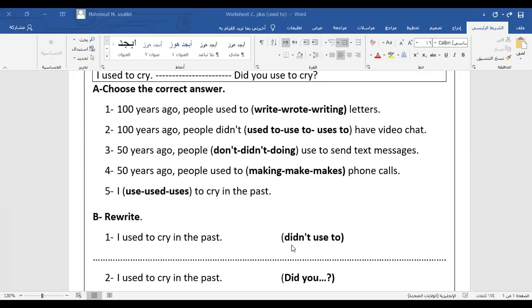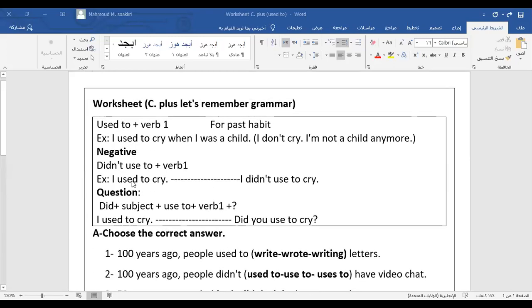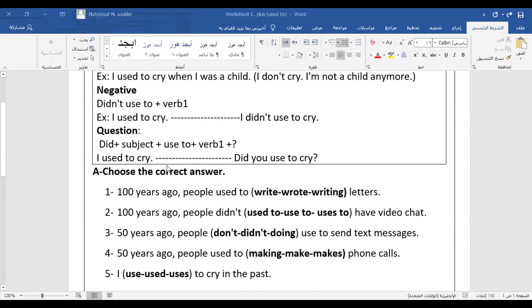We need you to use didn't use to. Look, when we use didn't use to plus verb one.